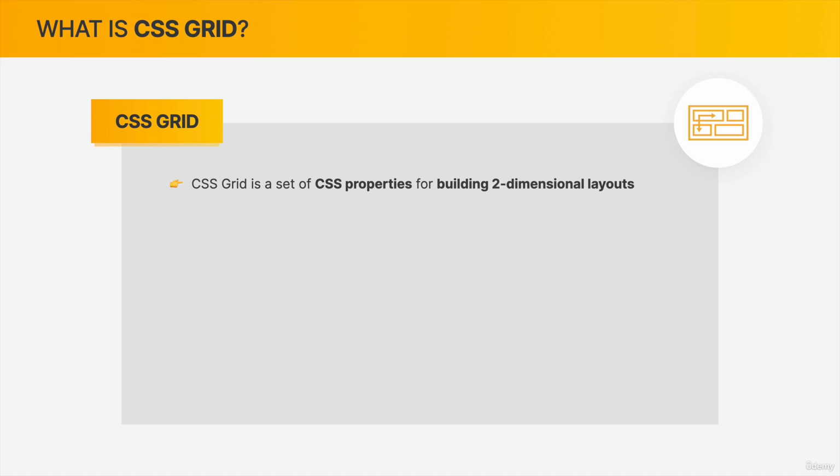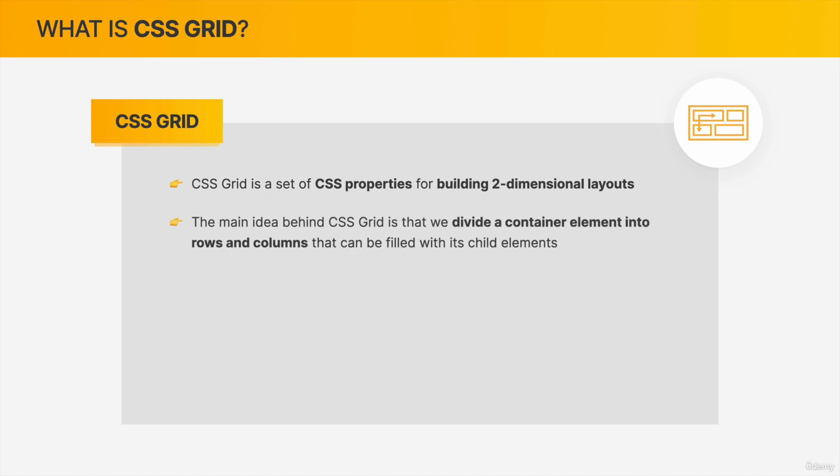And when CSS Grid was first developed and brought into browsers a couple of years ago, the main idea behind it was that now we could divide a container element into rows and columns that we could then fill with its child elements. And a lot of stuff is possible here. So things like spanning elements across multiple rows and columns, overlapping different elements, and more.